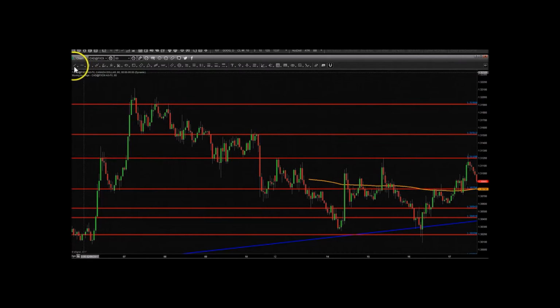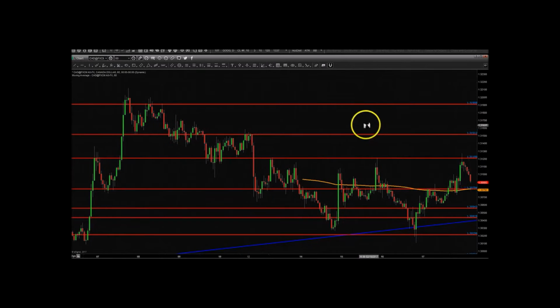If I draw one there, I'm doing a little teaching here, so a little teaching mode. And this was like 36, 37 pips there. So once you get that break, you've got it going on to the north side.